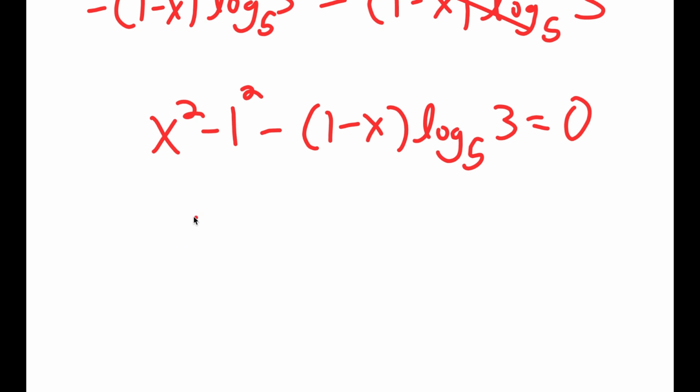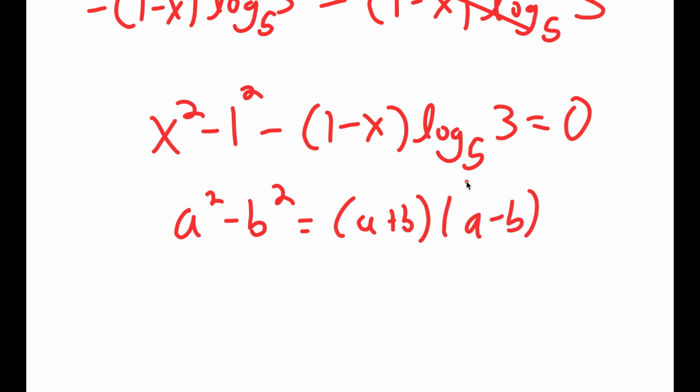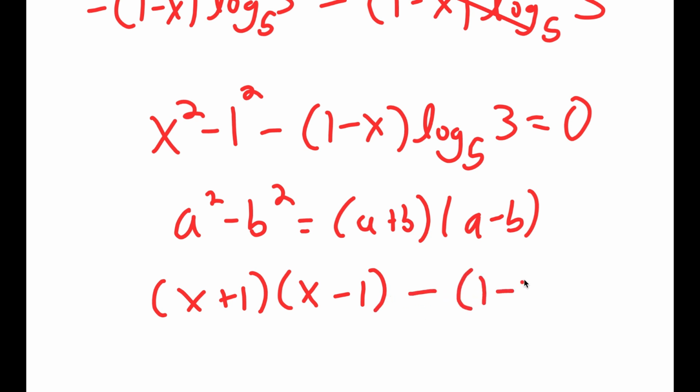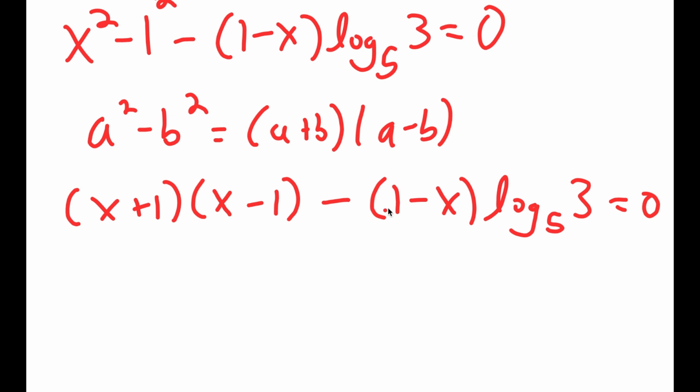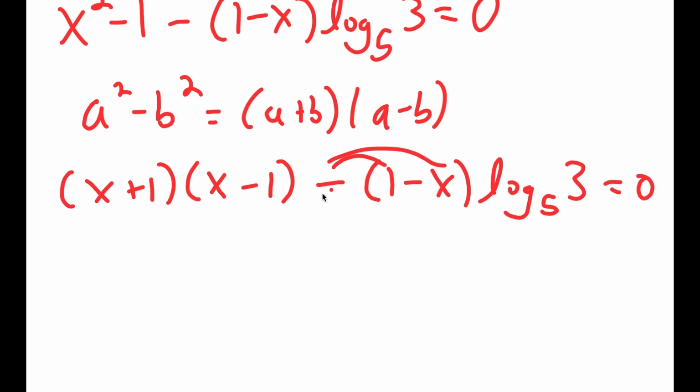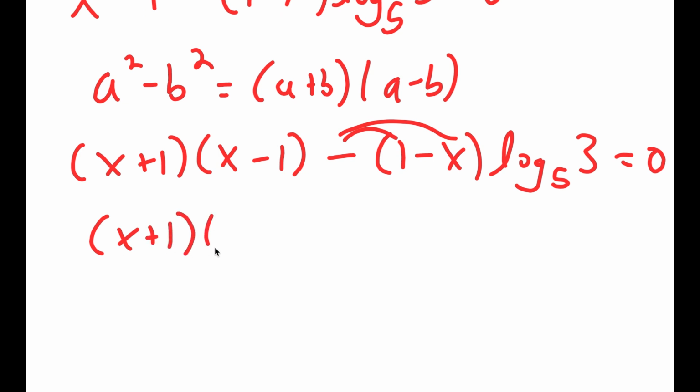And if I have something in the form a squared minus b squared, this is equal to a plus b times a minus b. So this is going to equal x plus 1 times x minus 1 minus 1 minus x times log base 5 of 3. And negative of 1 minus x is the same thing as, if I distribute this negative sign, positive x minus 1.